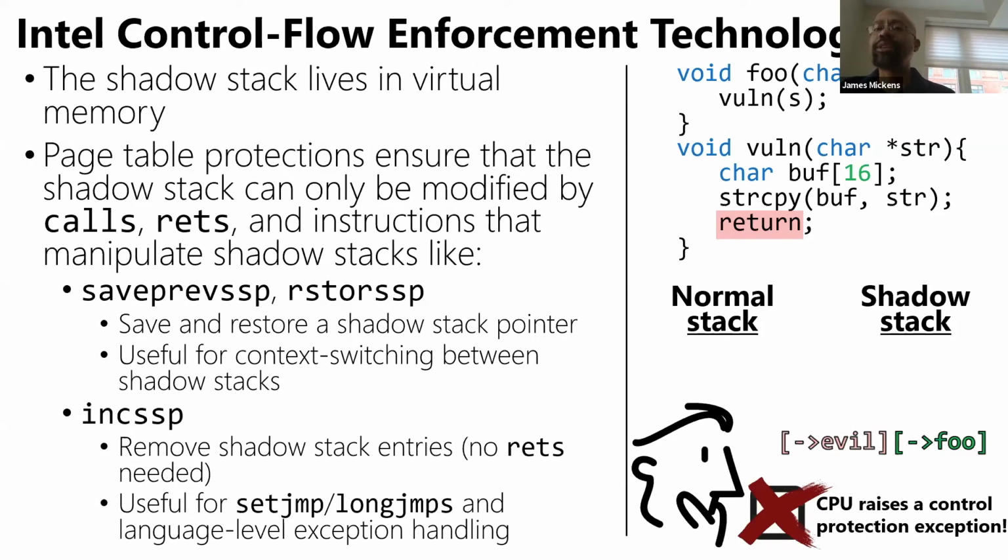When you implement those types of abstractions, you have to do something called unwinding the stack. And oftentimes you're going to unwind the stack in a way that would otherwise seem unnatural, because you've got this exceptional control flow. So you can use instructions like inc SSP, increment the stack pointer, to implement features like user level exception handling, and setjmp and longjmp.